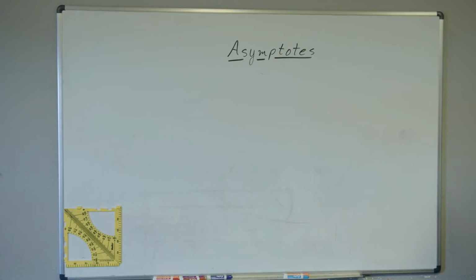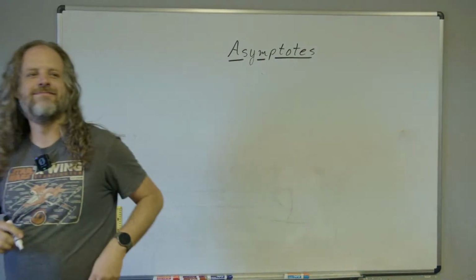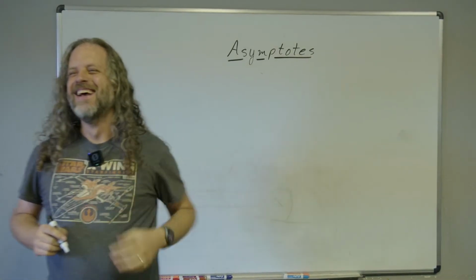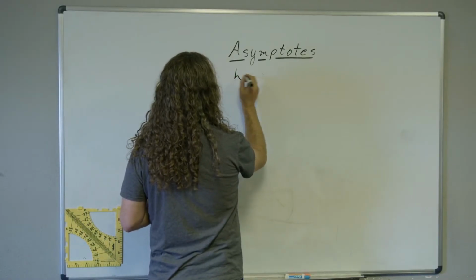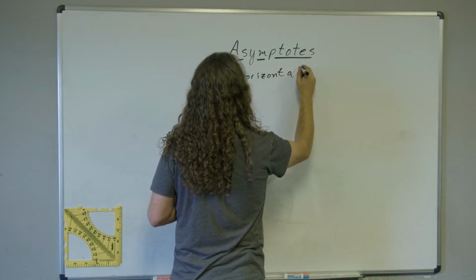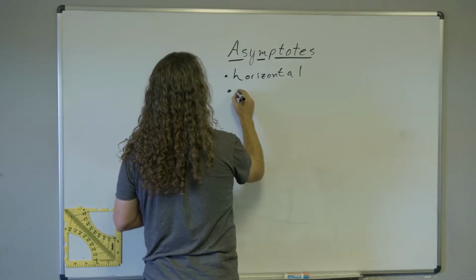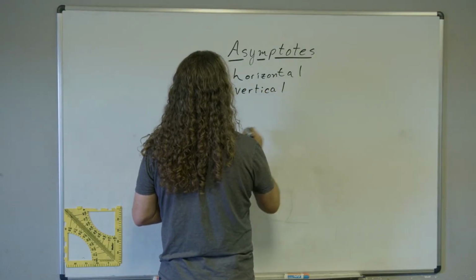There are three kinds of asymptotes. What's one of them? Horizontal. There are horizontal asymptotes. There are vertical asymptotes. And one more.